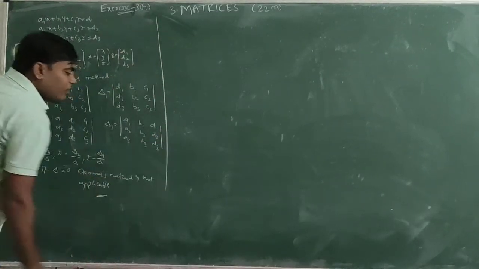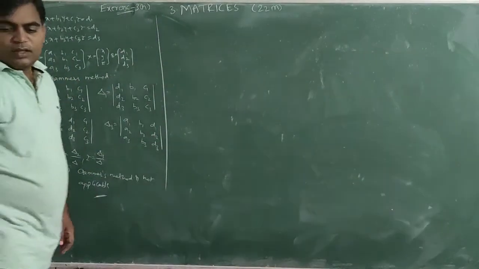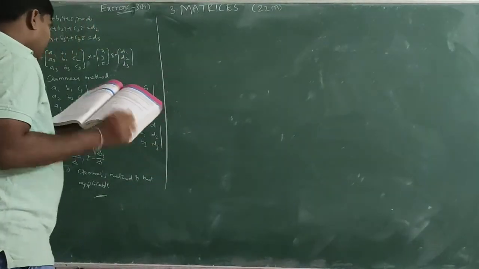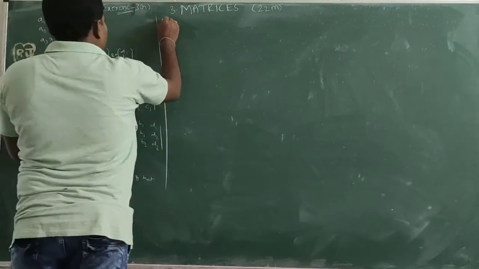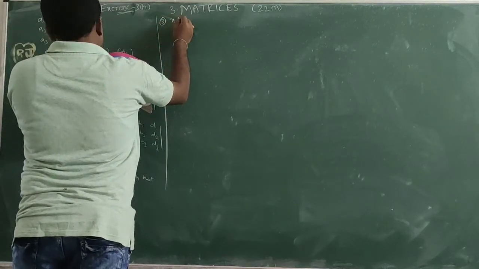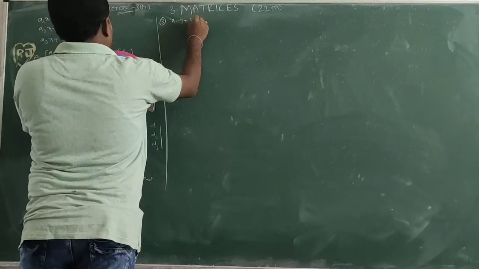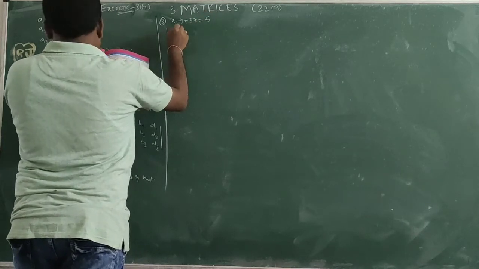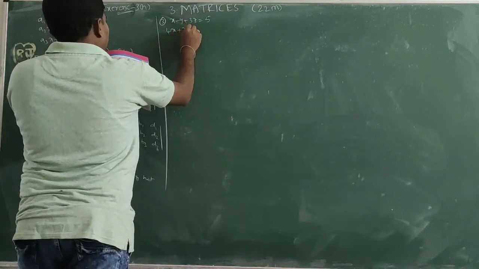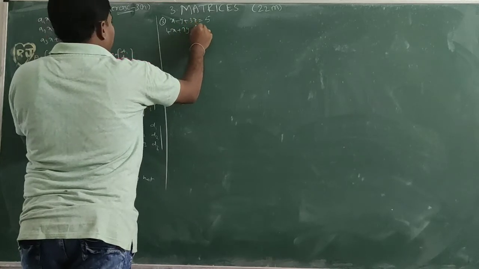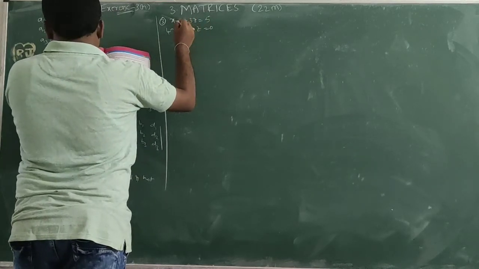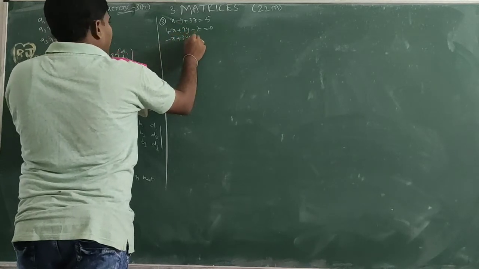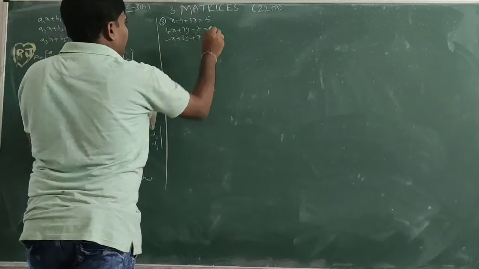Okay, now we will discuss problems. In exercise 3H, I want to discuss the third question first. x minus y plus 3z equal to 5. 4x plus 2y minus z equal to 0. Next, minus x plus 3y plus z equal to 5.